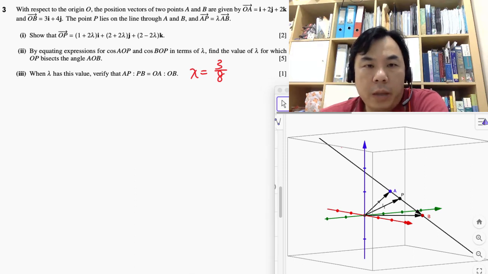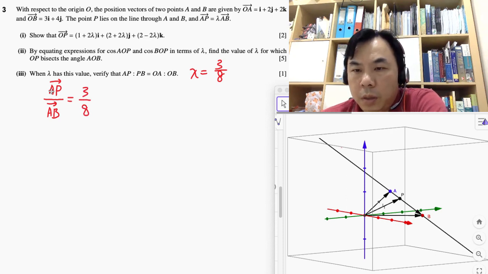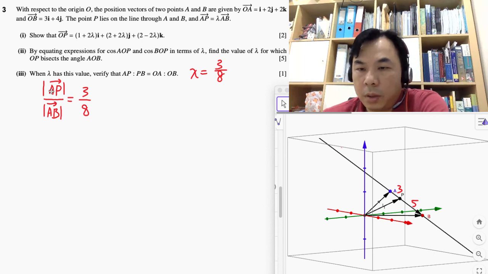So 3 over 8 basically means we have AP by AB. So the ratio of this is equal to 3 over 8, which means this length AP is supposed to be 3, and then the length PB is supposed to be 5 here. Okay, now I hope that is clear in this case.